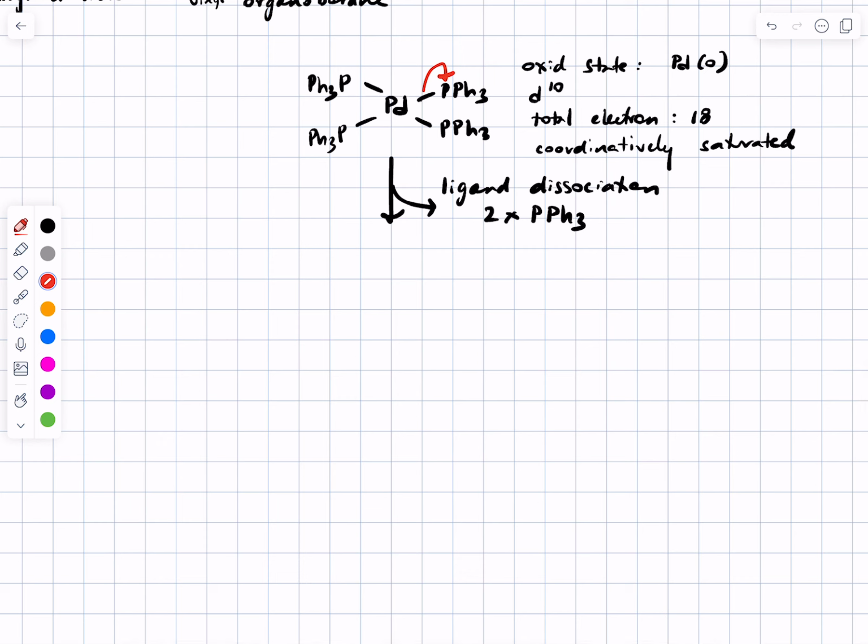But it does change the number of ligands. So if you have 2 triphenylphosphine ligands dissociate, you're left with a palladium that now only has 2 phosphines on it, which we can represent like this.